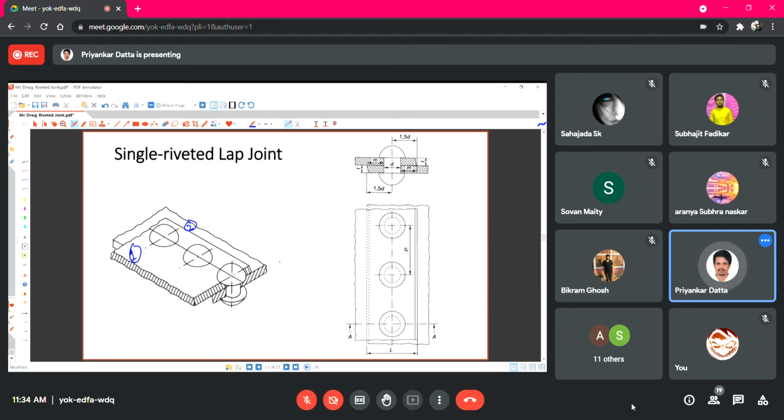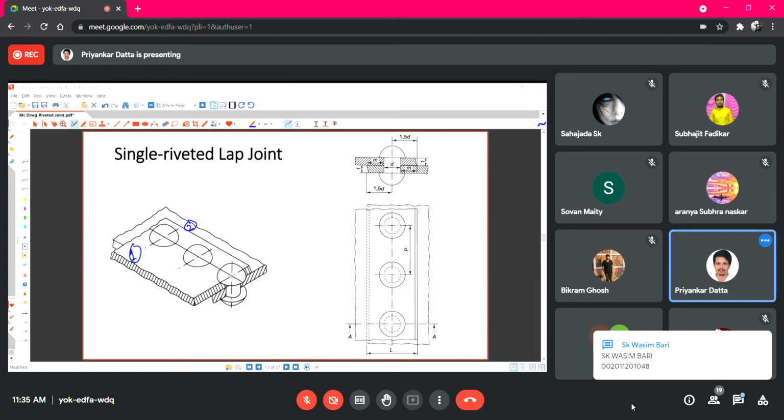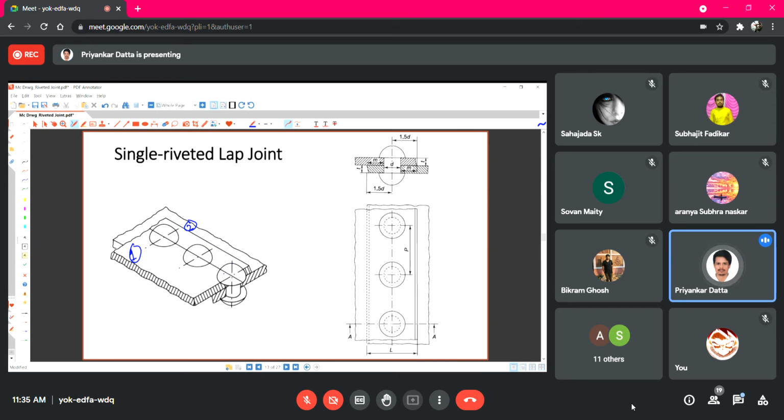Now this isometric view I already showed you, that one plate is placed over the other and riveted joint. Now for you, this orthographic projected view is important. So what you have to draw is this drawing. Now this part is oriented in front of the vertical plane and above the horizontal plane in this manner in first angle projection, right?